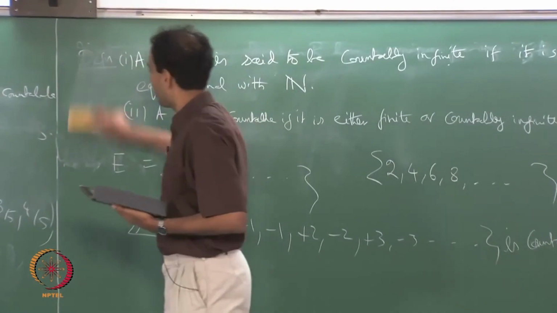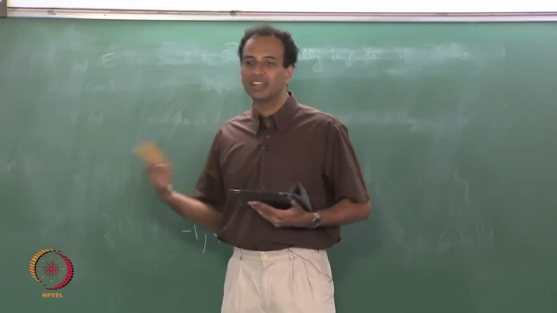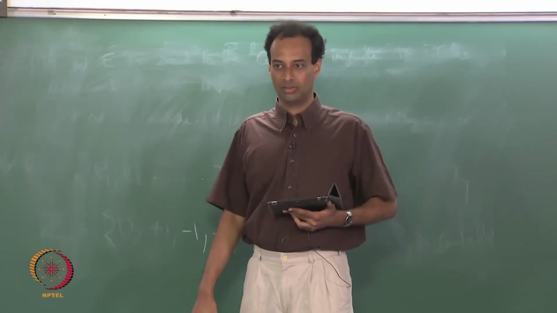It is not true. What is important, and it was realized first by Cantor, or at least proven first by Cantor, is that there are infinite sets which are truly bigger than the natural numbers or integers or rational numbers.